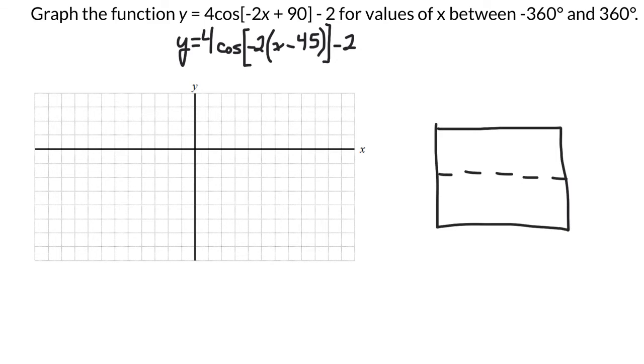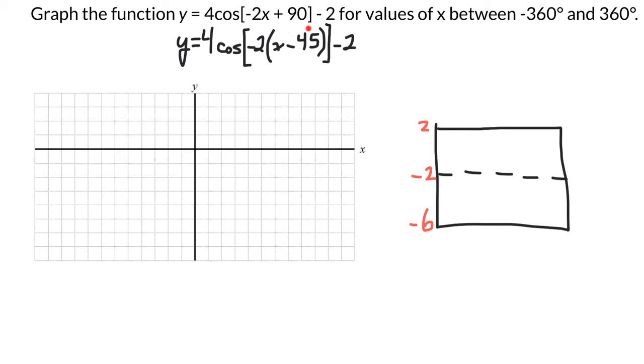I start by setting up my box, and I notice I'm going down 2, so my central axis is at minus 2. My amplitude is 4, so my maximum and my minimum are 4 on either side of the central axis.